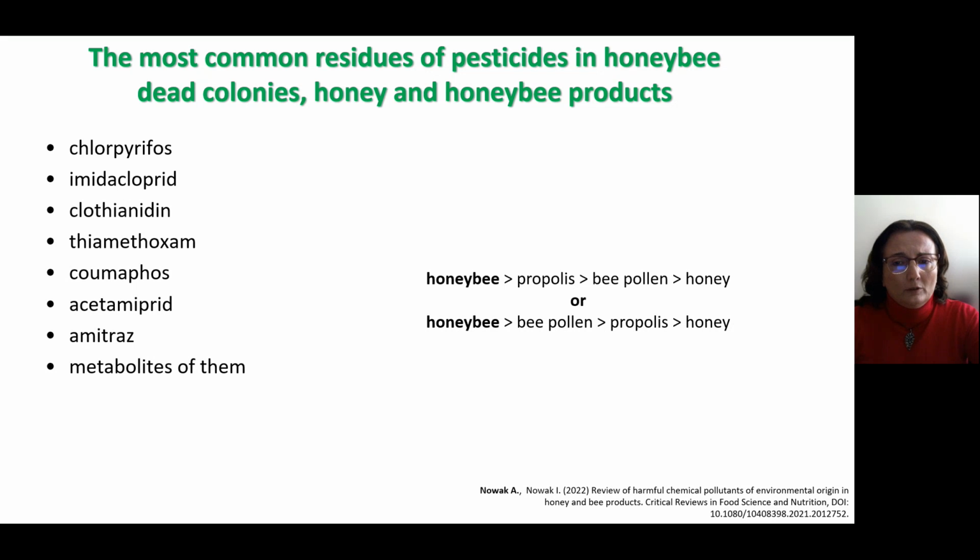Honeybees accumulate more than propolis and bee pollen, and more than honey. So the honeybee body accumulates the most contaminants. A certain pool of them is detoxified through their own enzymes or enzymes of the gut microbiota. So this insect is a very good bioindicator of environmental pollution in a given area.